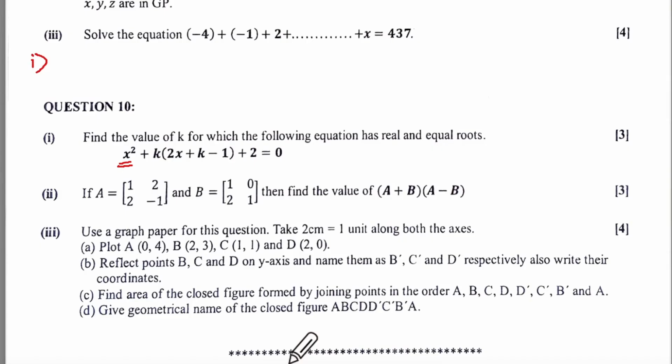Open the brackets. Okay, so you will have x squared plus 2kx plus k squared minus k plus 2 equal to 0.